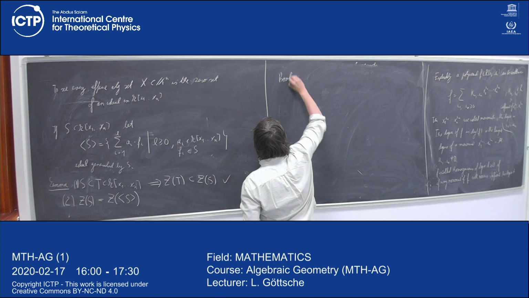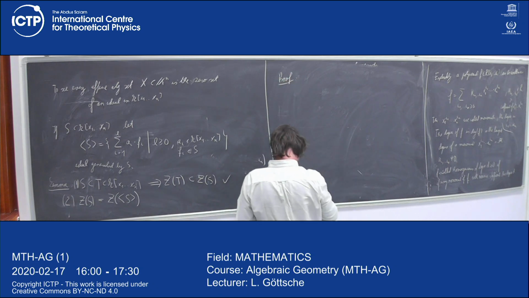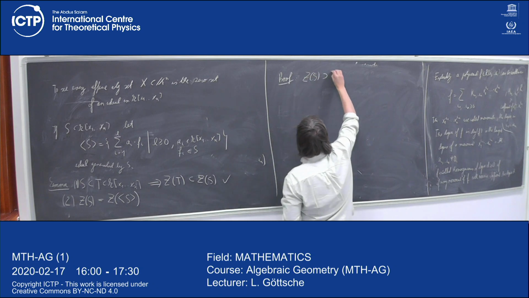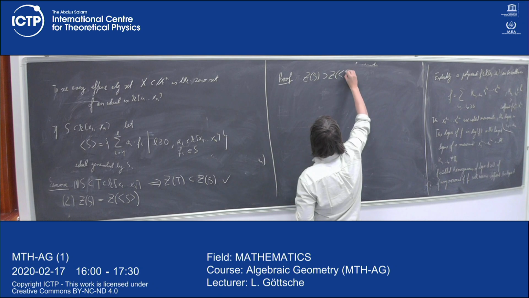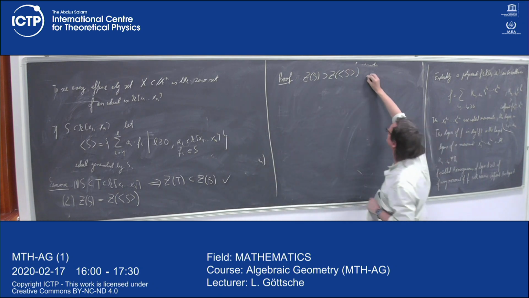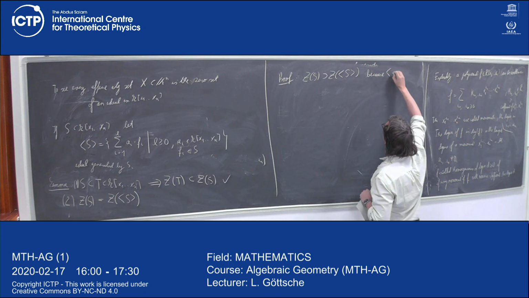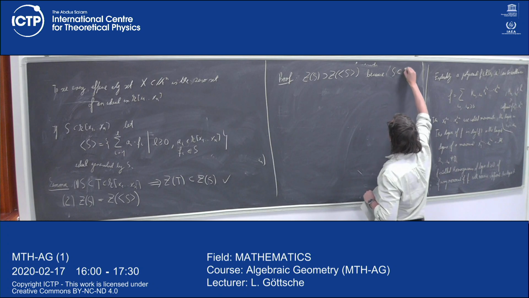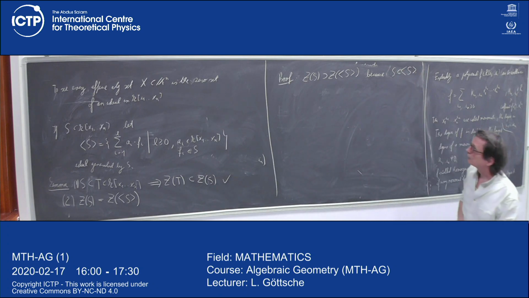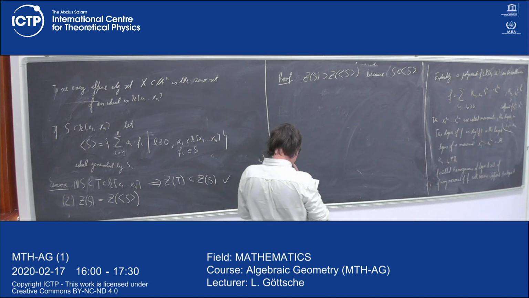So clearly, the zero set of S contains the zero set of the ideal generated by S, because S is a subset of the ideal generated by S. So thus we only have to see the other inclusion.